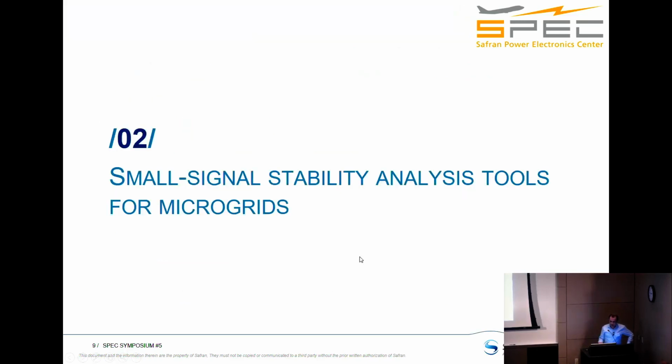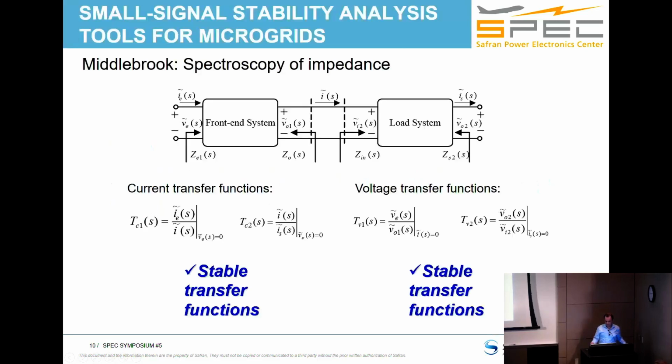First, let's start with small signal stability. I go a little bit fast because I think you know these techniques very well. The idea is, you have two subsystems. For example, if I go back to the drive system, you have the inverter motor, and then you have the power supply and LC filter.